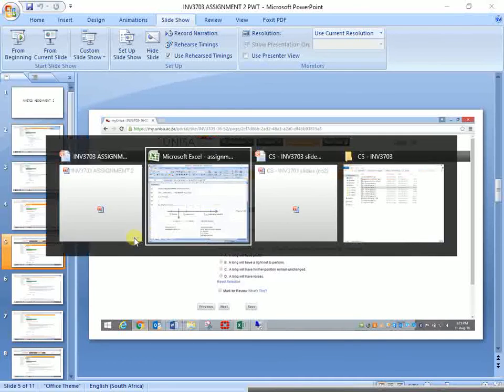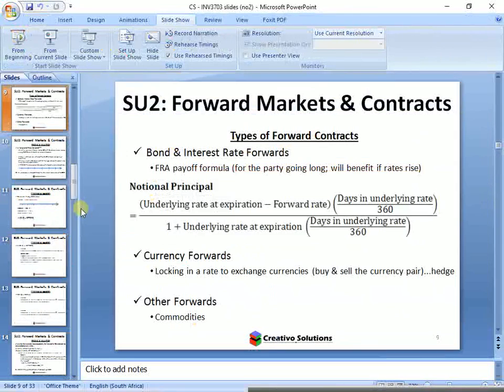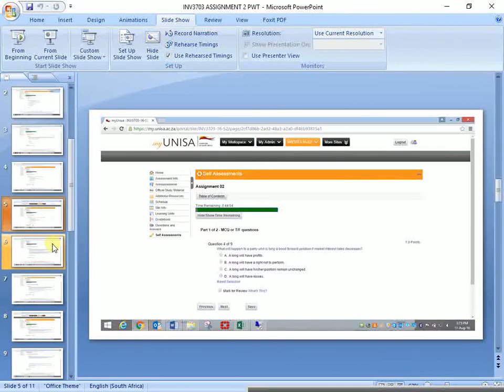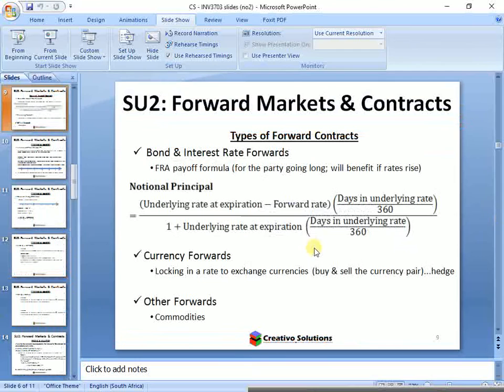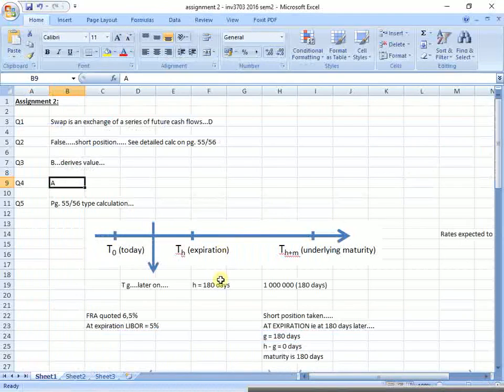Which one are you going with? Yes, good. Number 5. Okay, good. So what are they asking for here? The payoff. Correct. So you write down the formula, and then you substitute and solve.